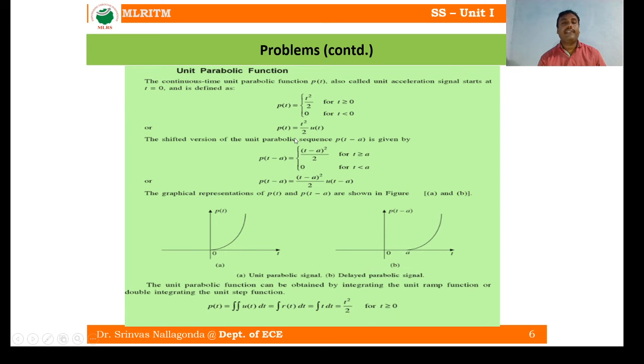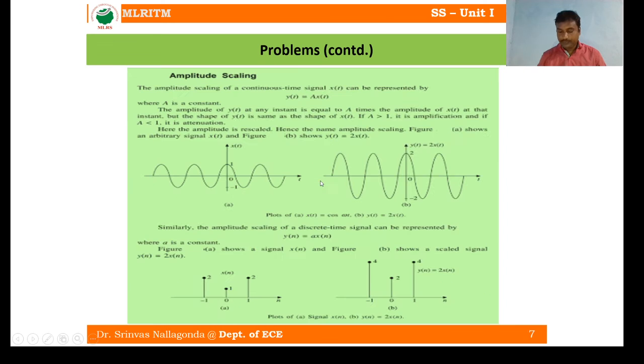Now the time shifted version of the unit parabolic function: p(t minus a) is equal to (t minus a) whole square by 2 for t greater than a, and 0 for t less than a. Graphically, the parabolic function is like this and the shifted version of the parabolic function is like this. So this is the discussion on the unit parabolic function.